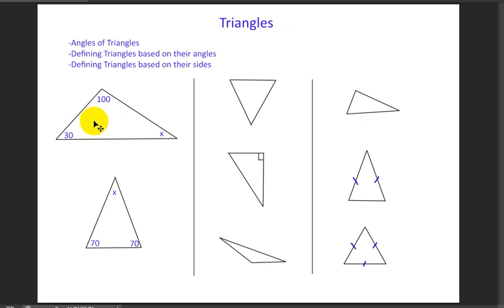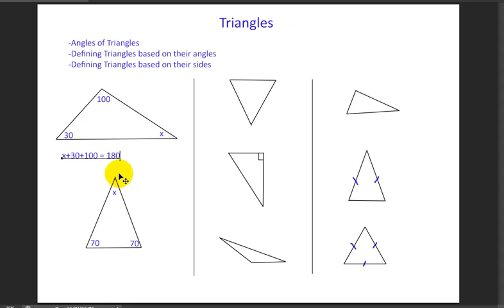And you can see that for yourself. Make any triangle you want with a ruler and then measure its angles. You will find 180 degrees altogether. So here, that means that if I add these three angles together, I need to get 180, which means that x plus 30 plus 100, the sum of all the angles, needs to be 180.